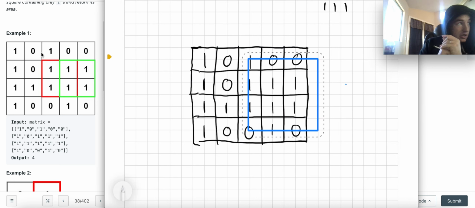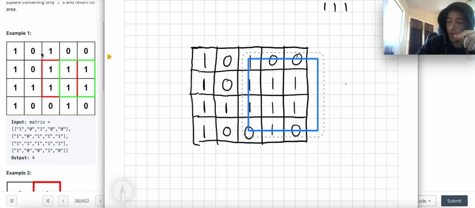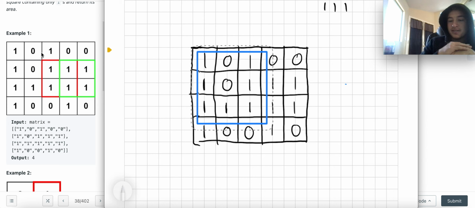So for each one, you have to do on the order of m by n operations. And then for each square, you need to look at a number of elements inside of it. So we're talking like m squared, m cubed, n cubed if n is greater than all three, right? So we're talking about a cubed algorithm here, not efficient.